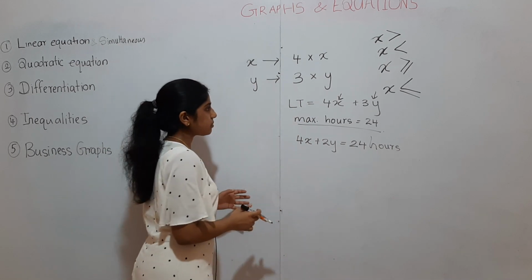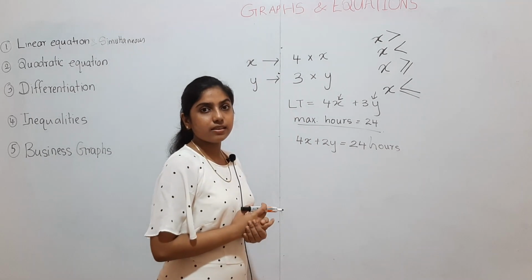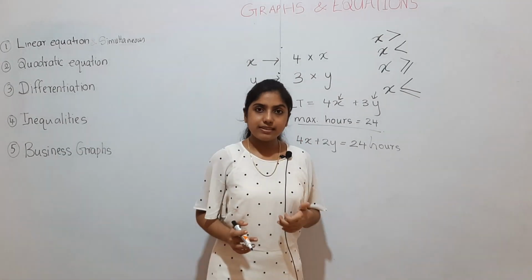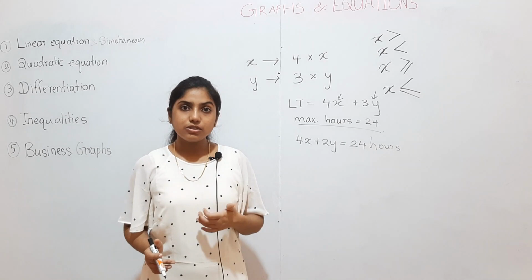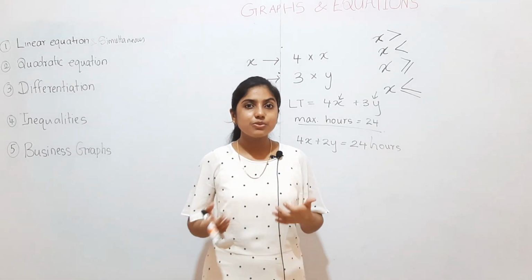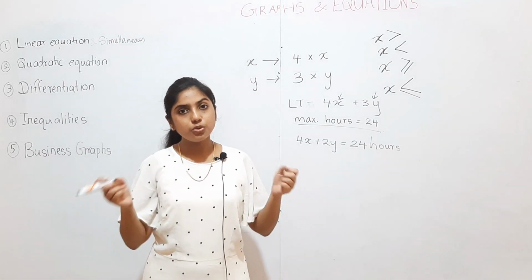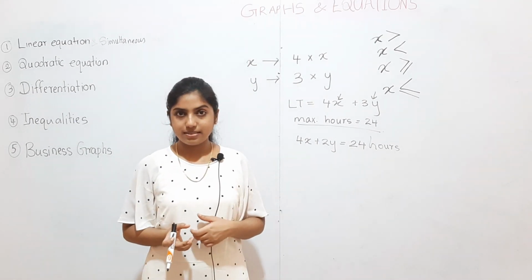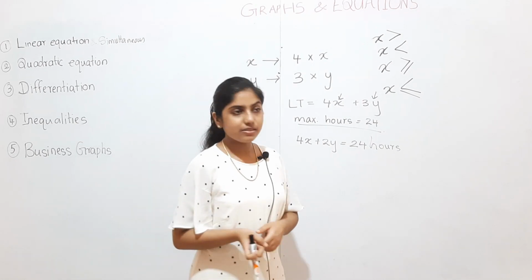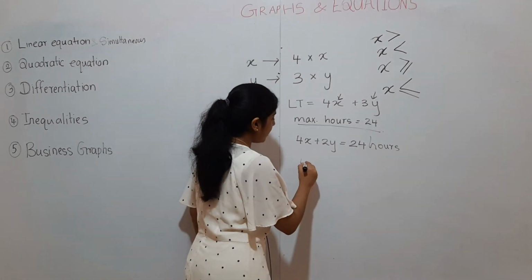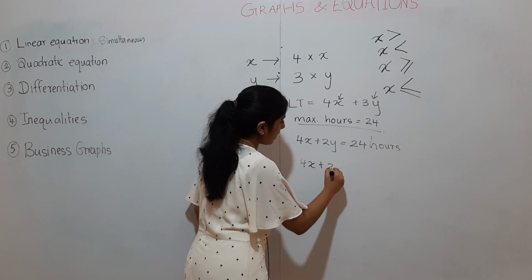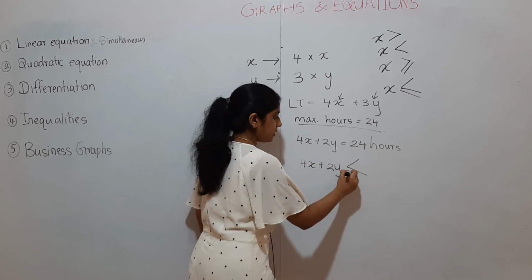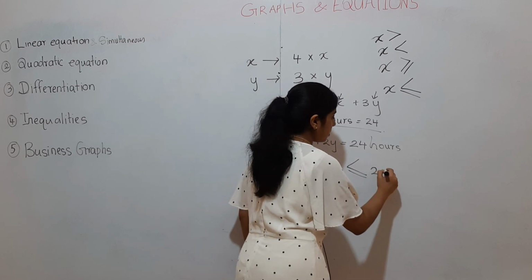But also they say that if 2 people are taking over one task, then those 2 people can finish the task sooner, because 2 people's efforts are put in, so less time will be taken. In that case, we can say that the labor time taken for X and Y can be less than or sometimes equal to 24 hours.